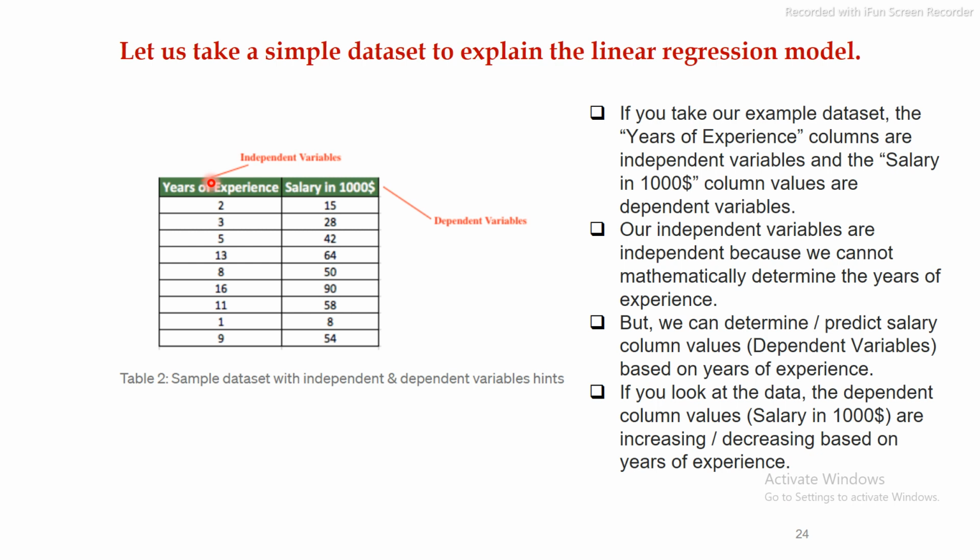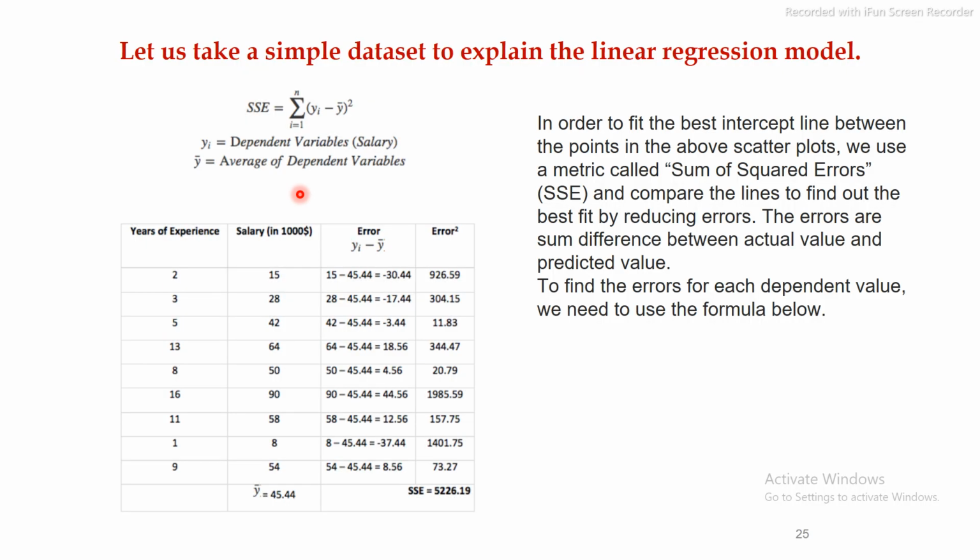Had there been more than one independent variable, we would call it multiple linear regression, where we find the effect of those independent variables on the dependent variable, that is your salary.